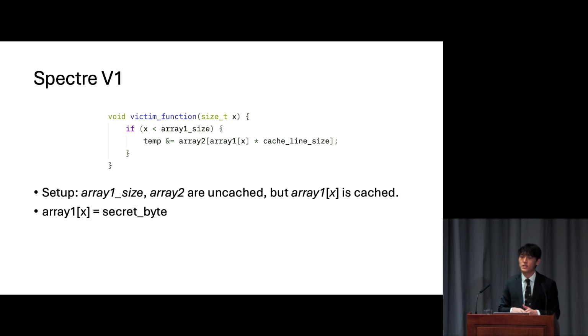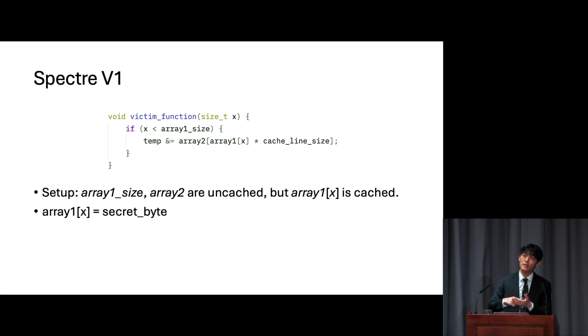So what this is doing is we've flushed array 2 out of the cache. We don't have any of the values of array 2. If we call this, and the inner block of the if statement runs, let's say array 1 x, the secret byte, is k. So k times the cache line size is indexed into array 2.